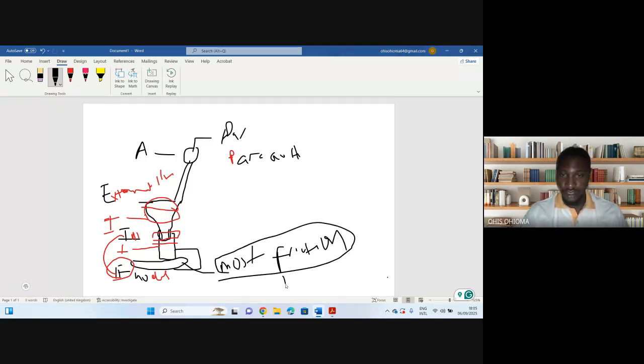Hence, it will be keratinized. So what we have at this point, the vulva here, is keratinized squamous epithelium.